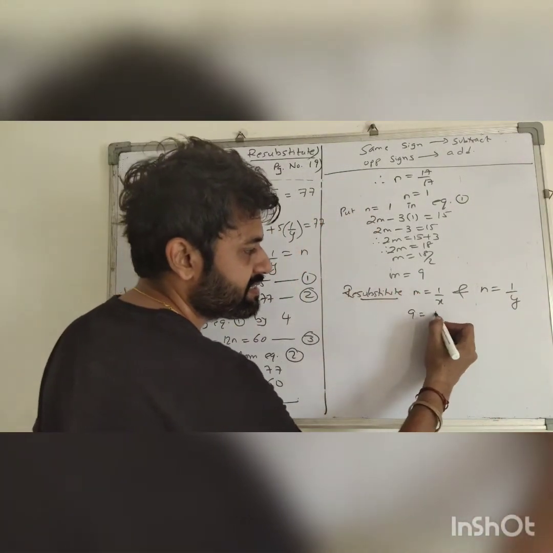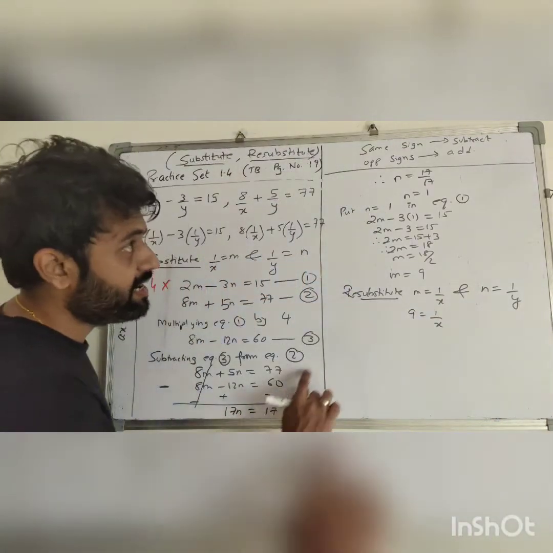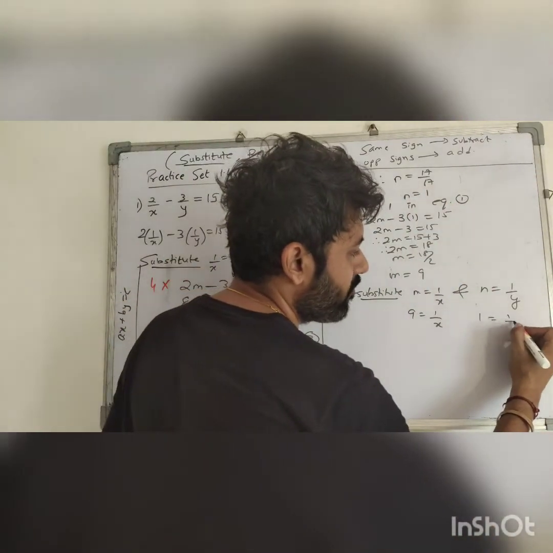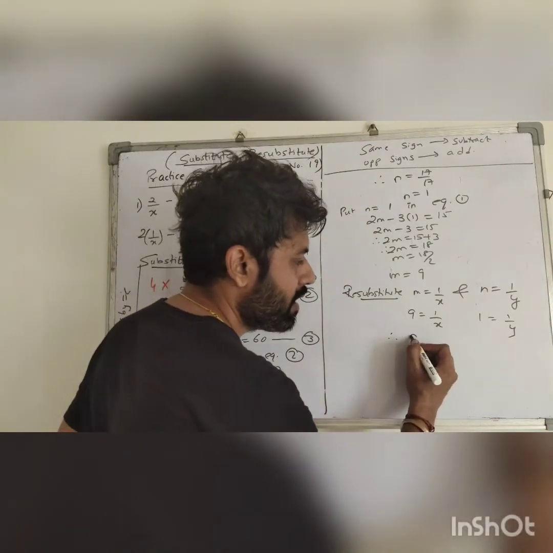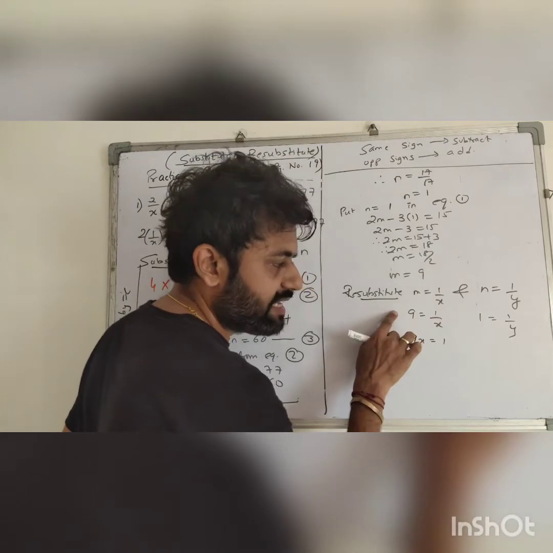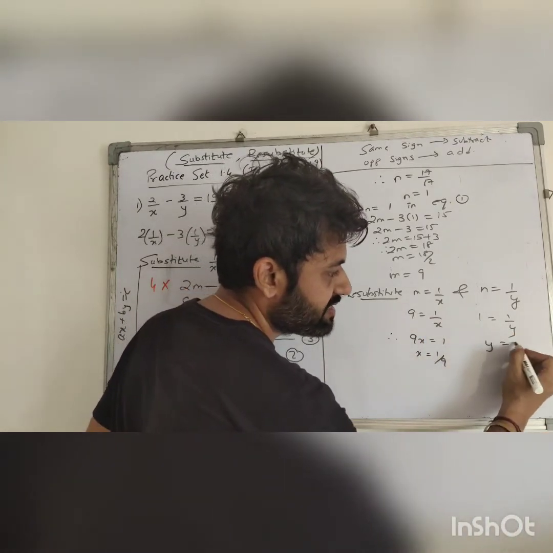M is 9, so 9 is equal to 1 upon x, and n is 1, so 1 is equal to 1 upon y. Here what I do, 9x is equal to 1, this goes that side, so x is equal to 1 upon 9, and we get y is equal to 1.